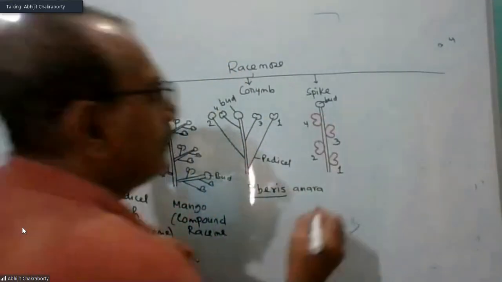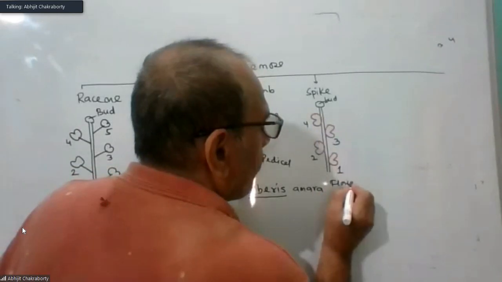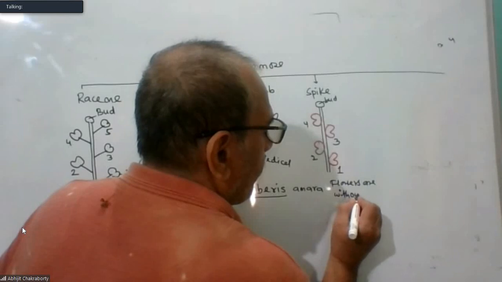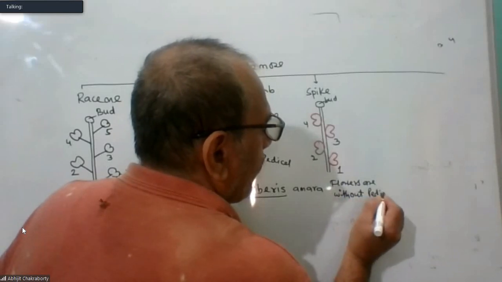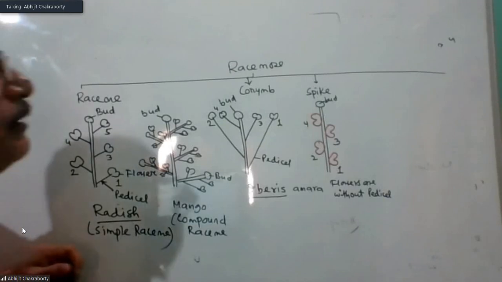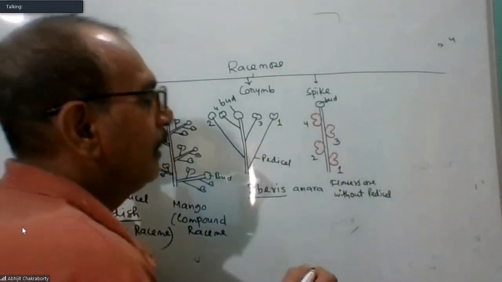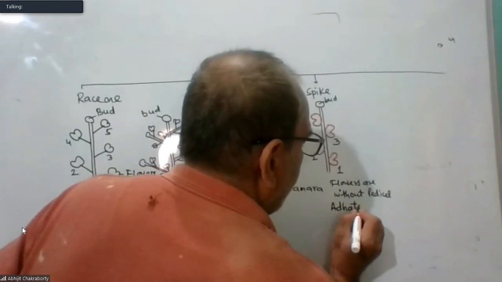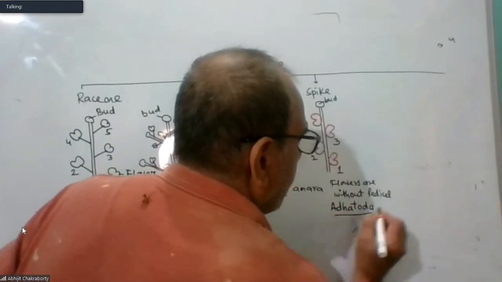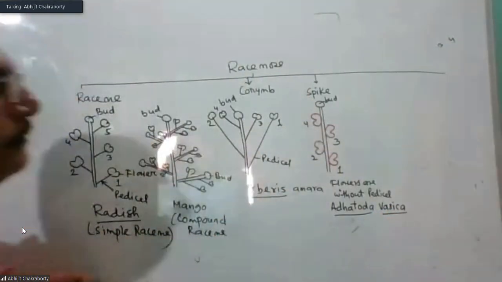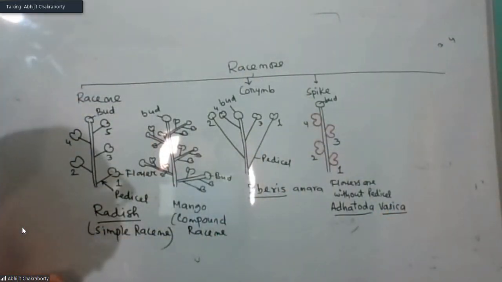Flowers are without pedicels. Then you can call it a spike. Example, Adhatoda vasica. In Bengali it is called bashok. So this is the spike.